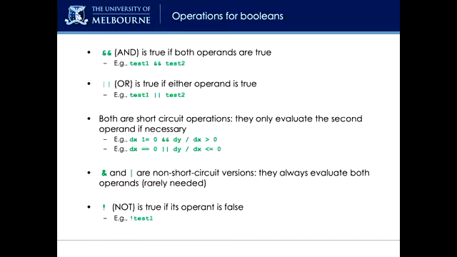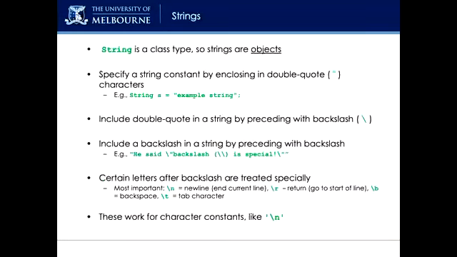These only work with primitive types as well. So the equal equals only works with primitive types, as I'll explain later when we look at strings, which is on the next slide. A string is an object, and the equal to doesn't work on a string because a string is an object. When you're comparing a primitive type, it compares two values.